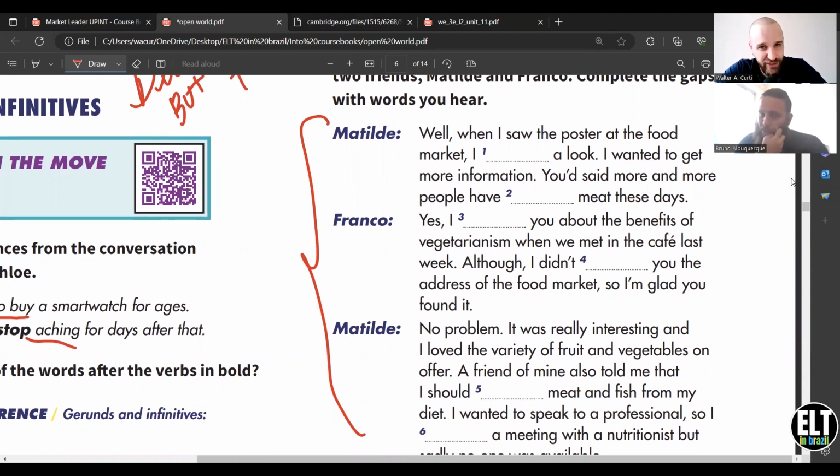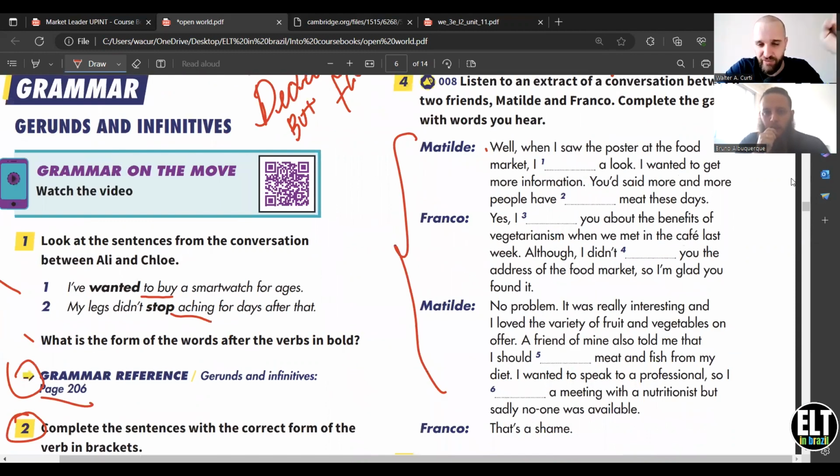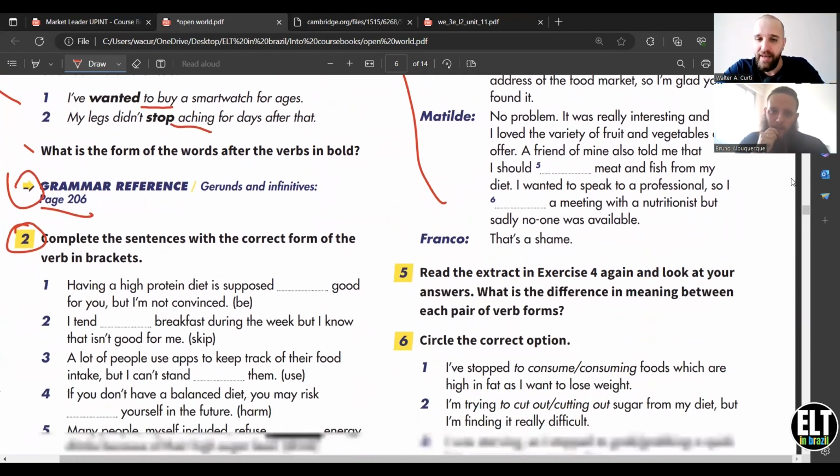But I would need to listen to the audio to know if it's possible to work with sentence completion. Because if the sentences that you have here are exactly what the speaker is saying, then that wouldn't work. It becomes just another grammar exercise. That's what it is, right? You were not practicing anything in terms of skills for the exam.